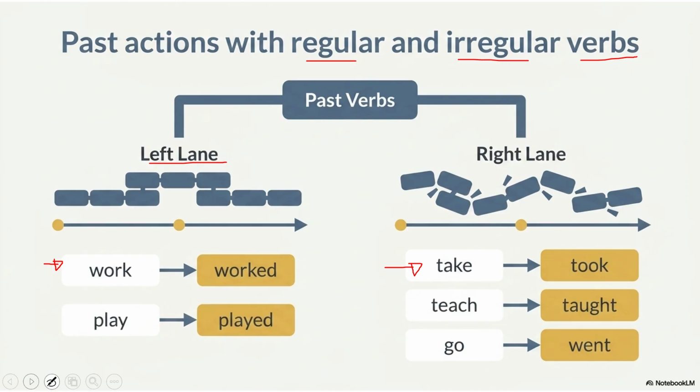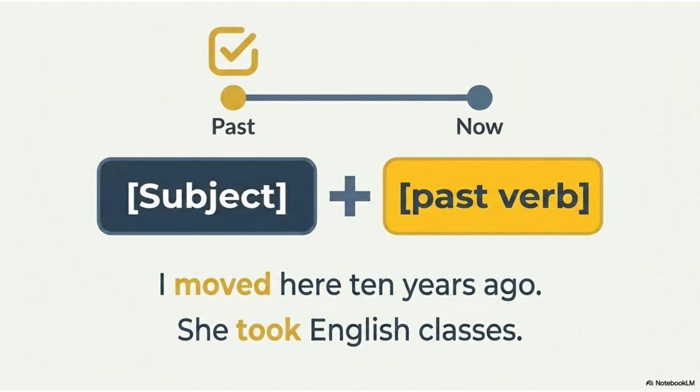Past verbs, right? Pretty easy. For example, we can say I moved here 10 years ago. This is an action in the past. She took English classes. Again, this is an action in the past.